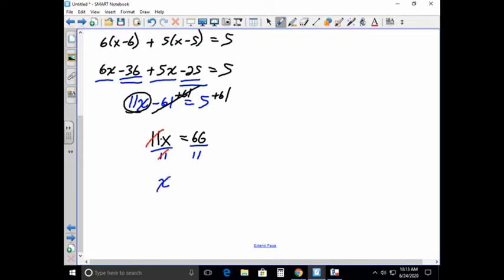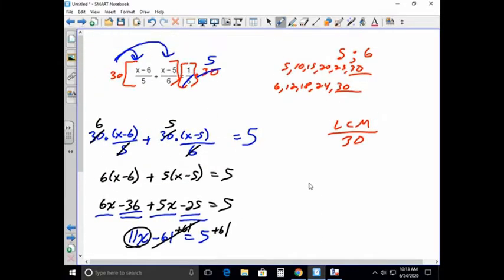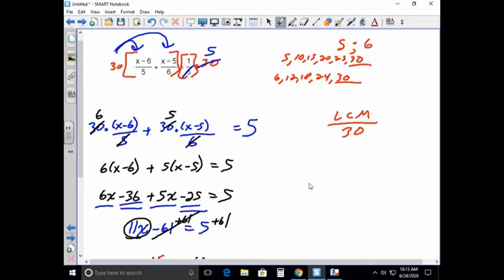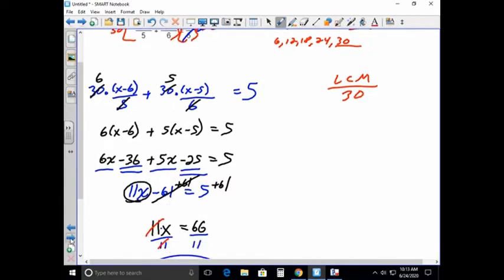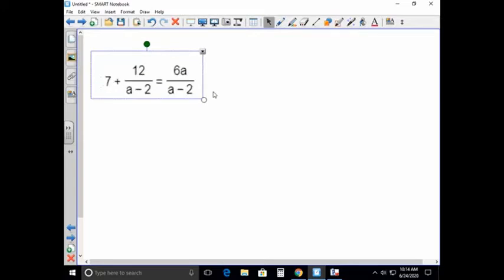The 11s cancel. 66 divided by 11 is 6. So we have x by itself, so we have our solution. The key thing here is, what is our common multiple that we can use to make our fractions go away, to make our denominators disappear?